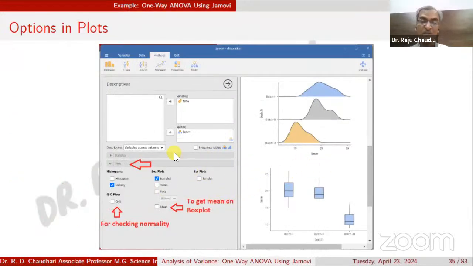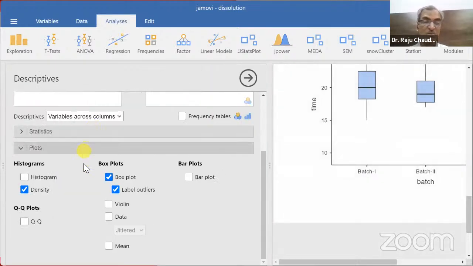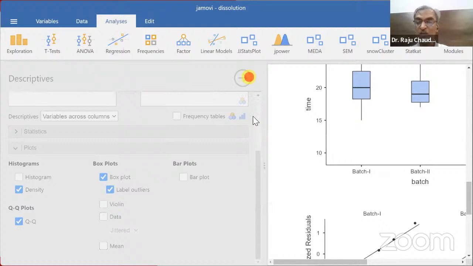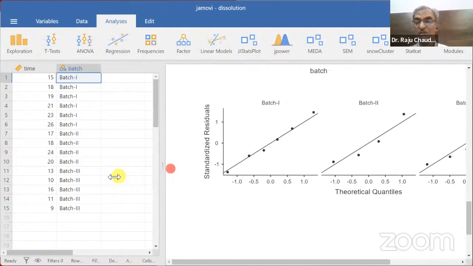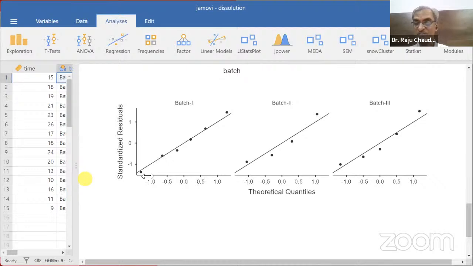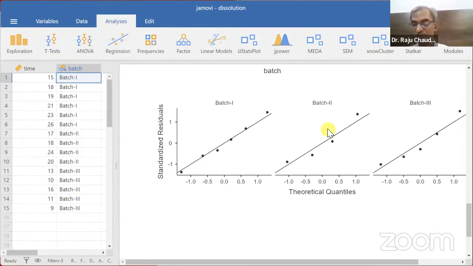Depending upon the requirement, you can choose the QQ plot also, which is for the normality of the data, right? So this is the QQ plot, for the normality of the data. Look at this, this is for batch 1, this is for batch 2, batch 3. Since we have a limited number of observations, it shows only a few observations because the data is small.